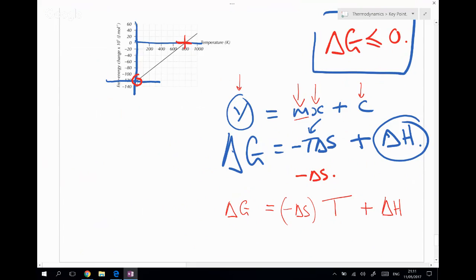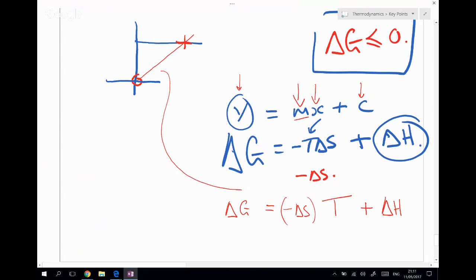So what that means is the gradient from this graph is made up from simply the negative of the entropy value. Because this is a positive gradient, my change in entropy must be a negative.